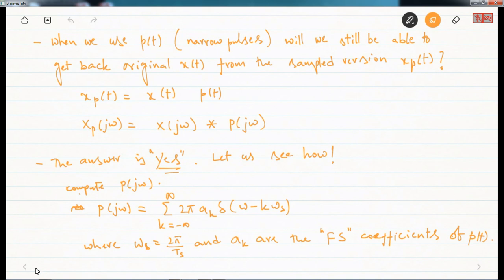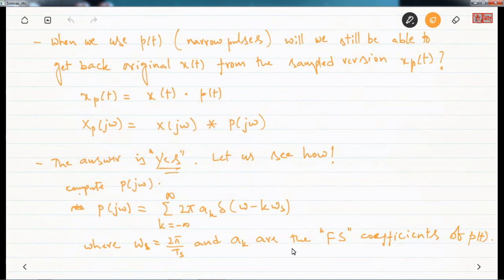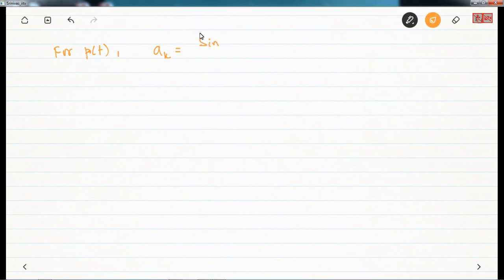So what is p of t? p of t is this. Now you can solve this as a homework. For p of t, ak is equal to this. Sorry, you don't need to do this even as a homework. We did it last time when we were discussing Fourier series.